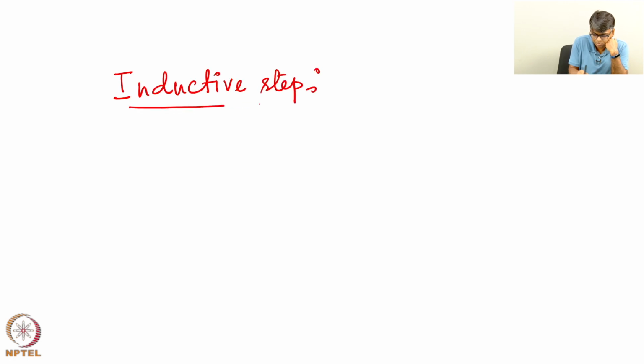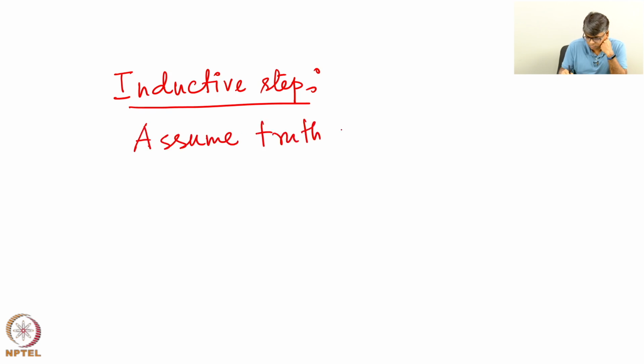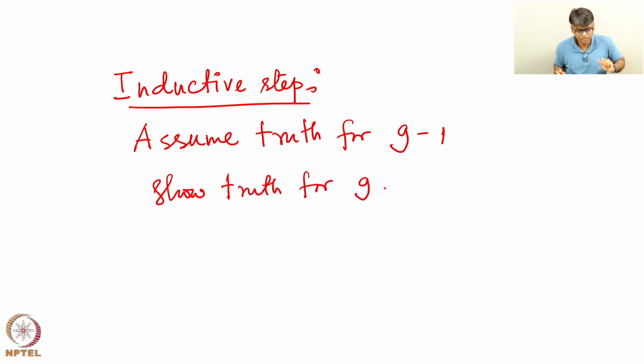As the principle of induction goes, inductive step means that we assume truth of the theorem for the case G minus 1, and show, or rather derive, truth for G. That is the inductive step.